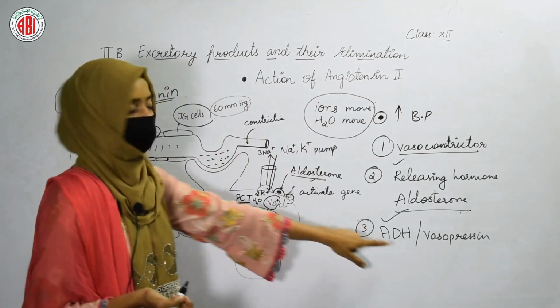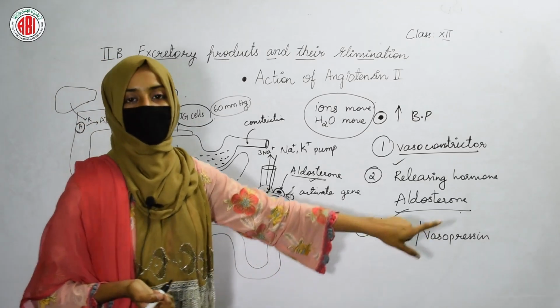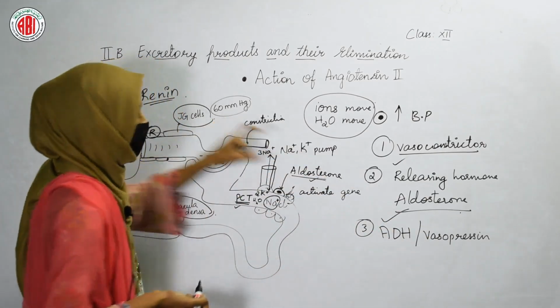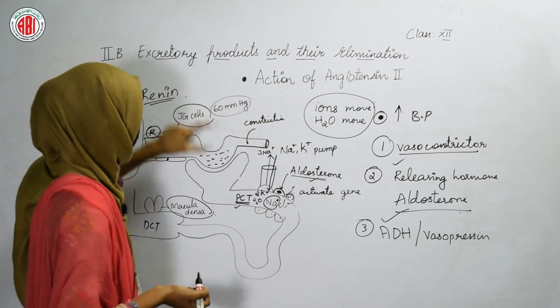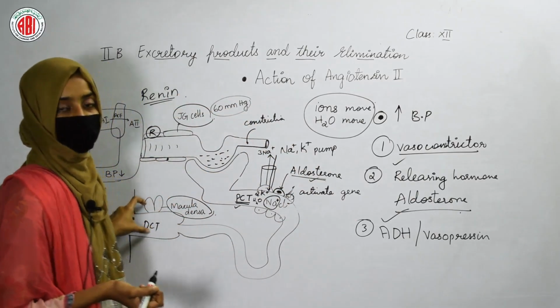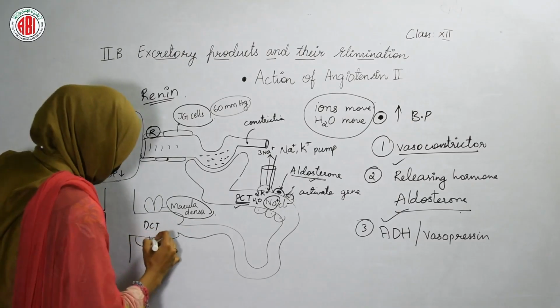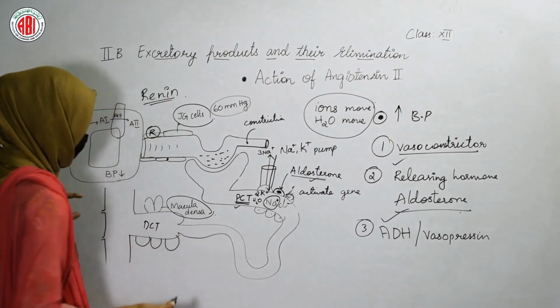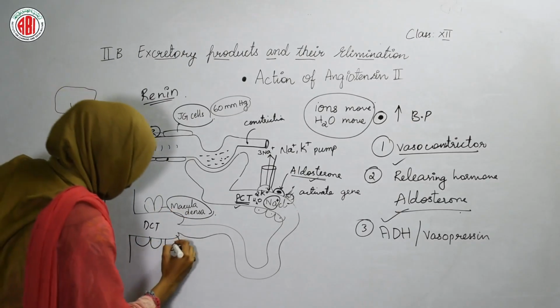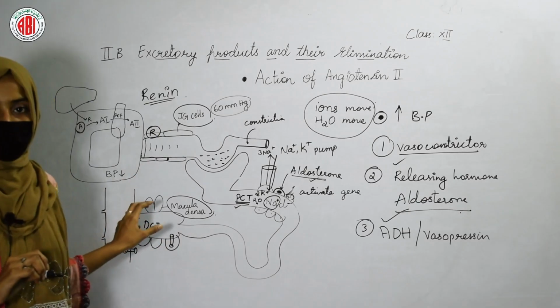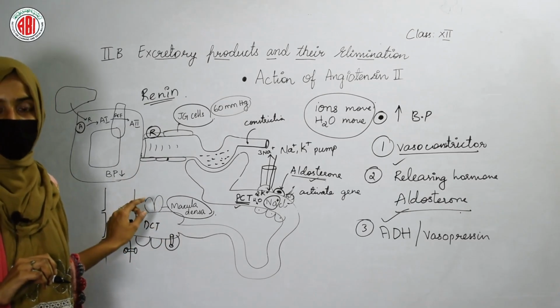Once vasopressin is released into the blood and reaches the DCT, the distal convoluted tubule of the nephron, it forms some pores which are permeable to water.